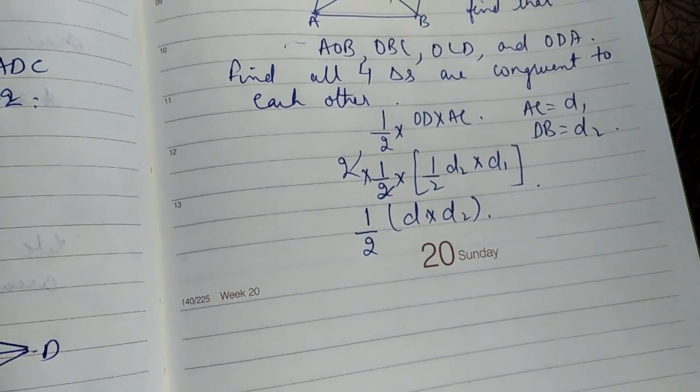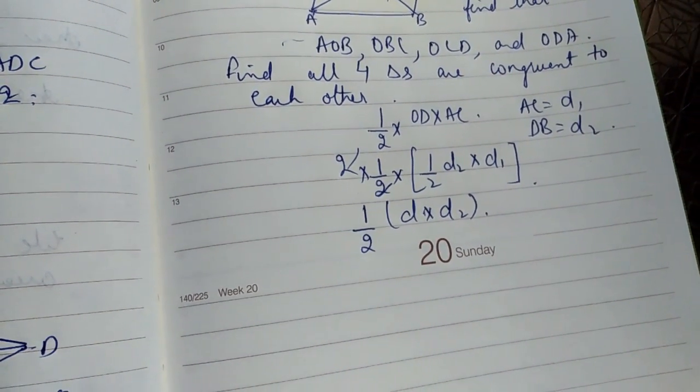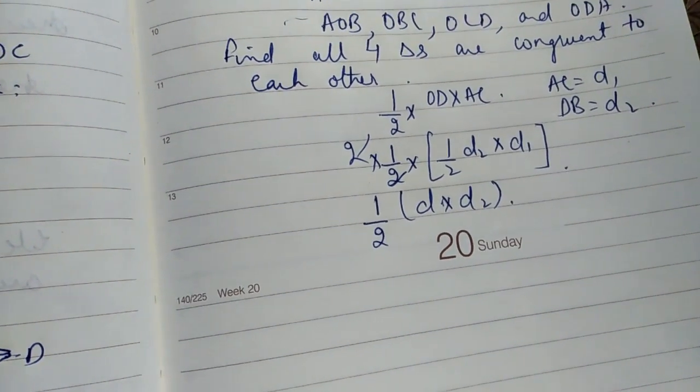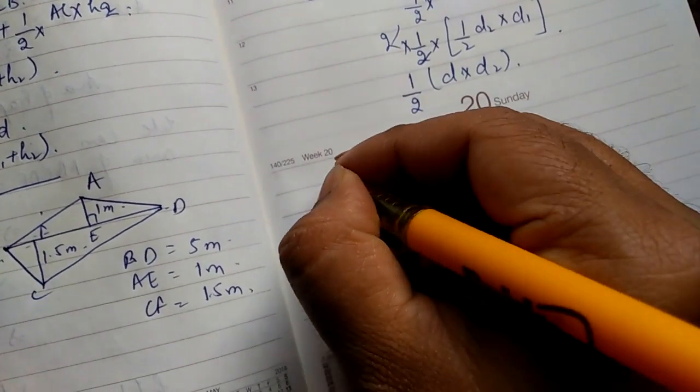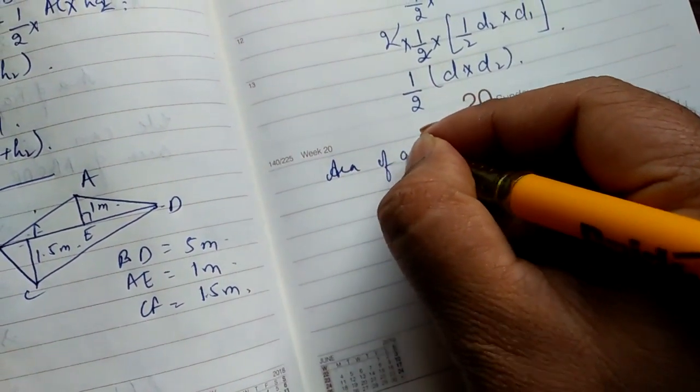Okay. Now similarly, in the similar fashion, we can find area of other polygons. Now let's say area of a polygon.